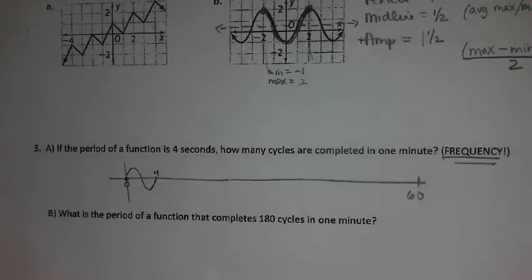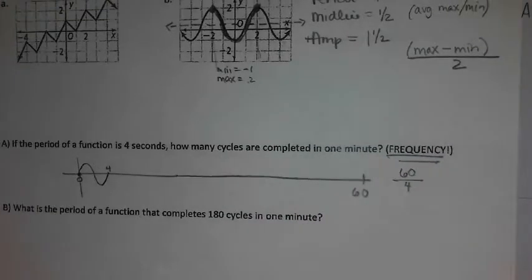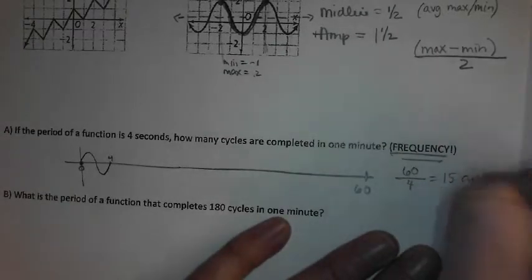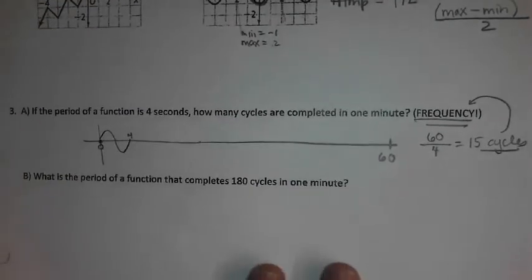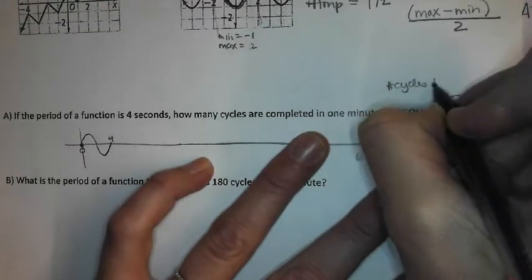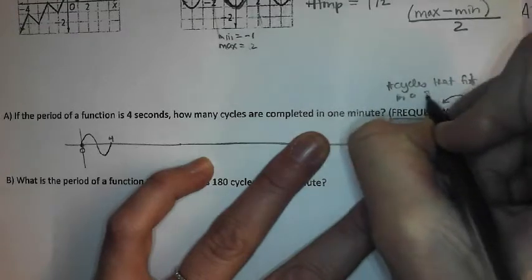Kaylee? 15. And how did you do it? Right. 60 divided into 4-second intervals, because every time a 4-second interval passes, that's one cycle, gives you 15 cycles, and that is your frequency. It's the number of cycles that fit in a set amount of time.